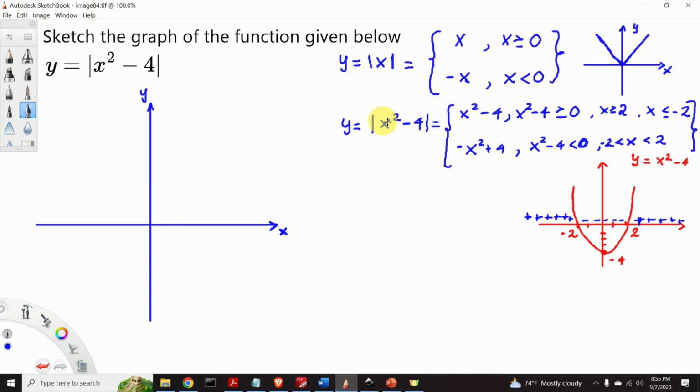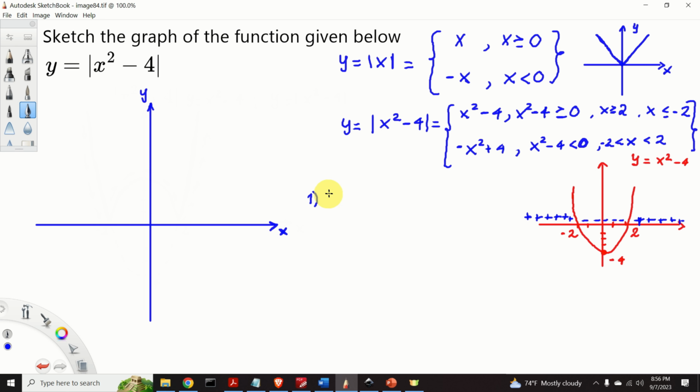We have that this absolute function is equal to x squared minus 4 for x larger than or equal to 2 and for x smaller than or equal to minus 2, and this function is equal to minus x squared plus 4 for x in the interval minus 2 to 2. Perfect. Consequently, we can consider two cases.